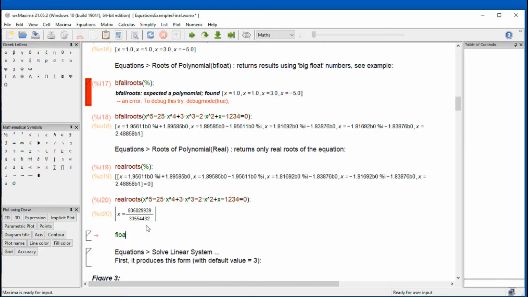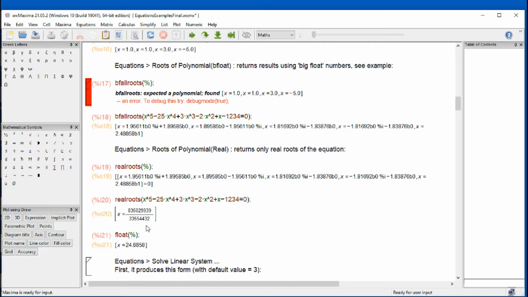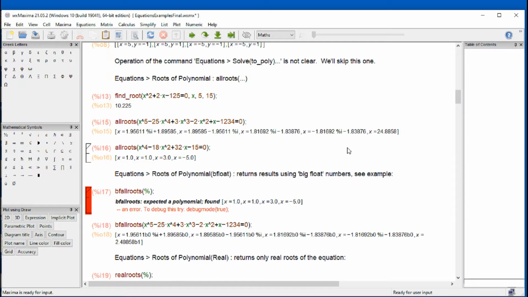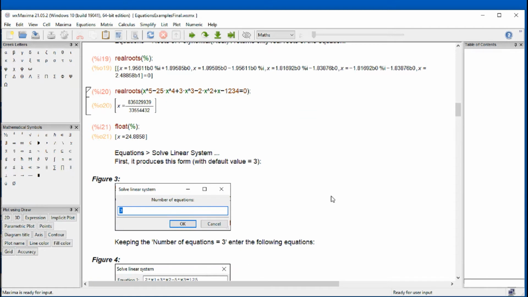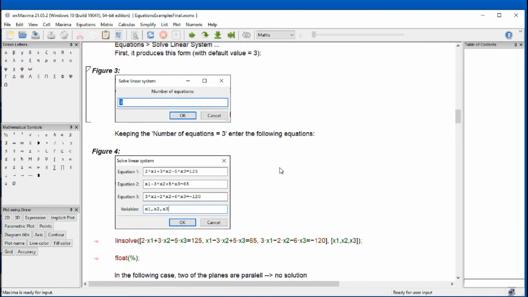If you do float, parenthesis, the percentage symbol for the most immediate previous result, and do shift enter, then you find that that result is equal to 248858, which is what we had found earlier in the previous application. Now, equation solve linear system.